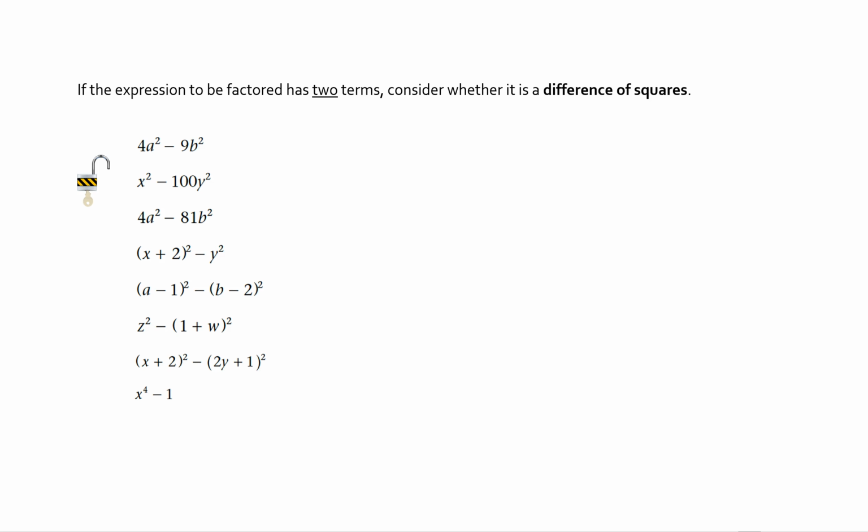Okay, now if our expression to be factored has two terms, what we might do is consider whether we've got a difference of squares. So if we take the first example, the simplest one, when we look at these two, we can see that both of those are perfect squares. So the square root of 4a squared is 2a, the square root of 9b squared is 3b.